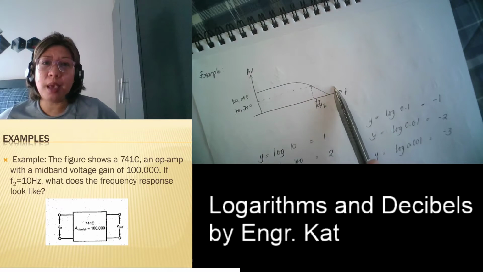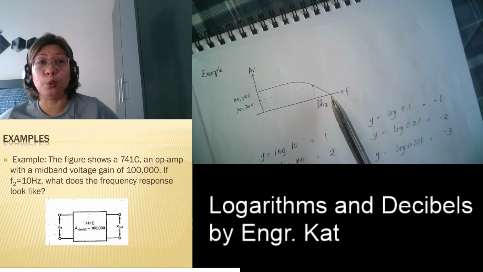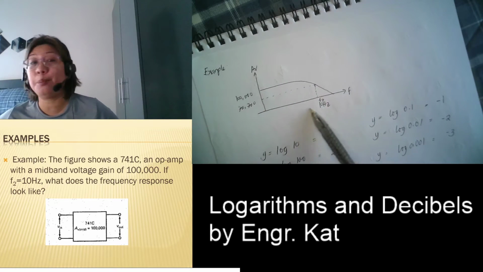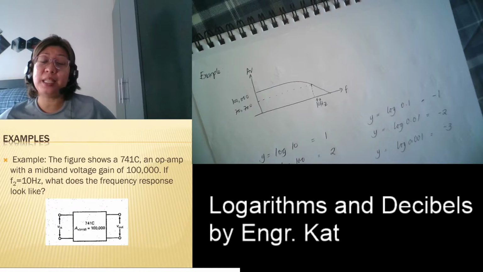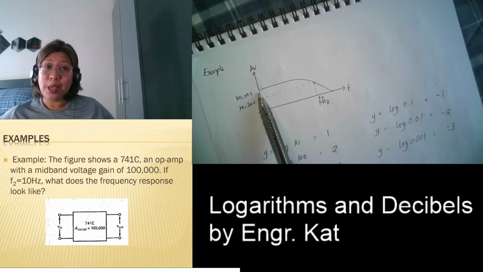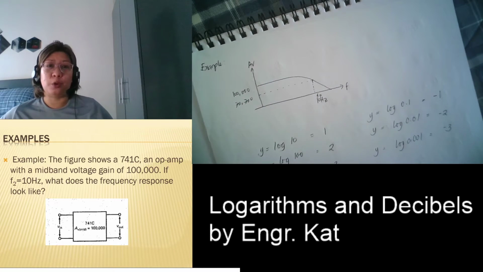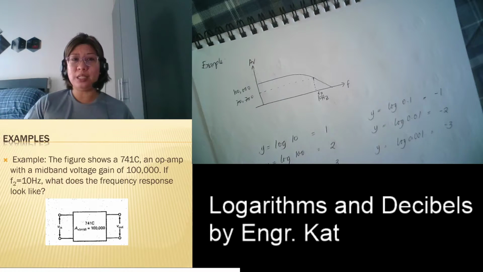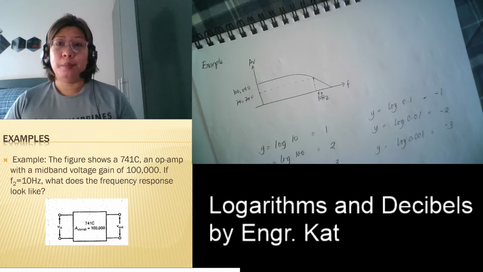Beyond 10 hertz, your gain starts to decrease. So this is an example of the frequency response of a DC amplifier. The difference is that a DC amplifier starts at 0 and ends at a certain upper cutoff frequency. That's the difference between a DC and an AC amplifier.